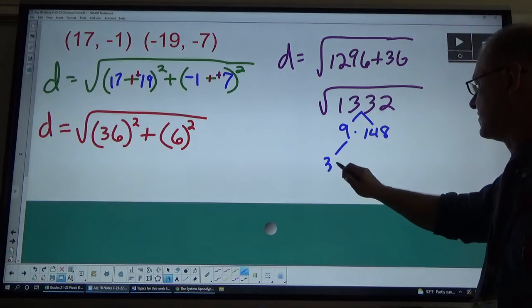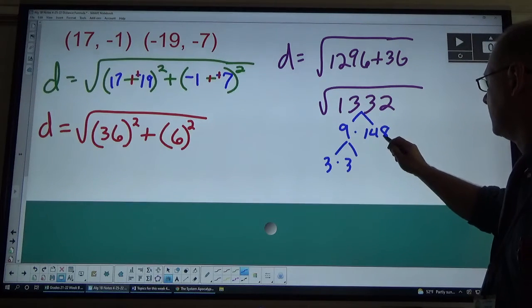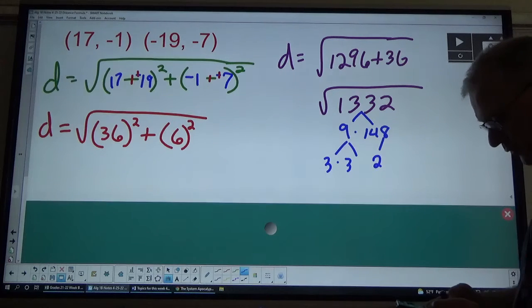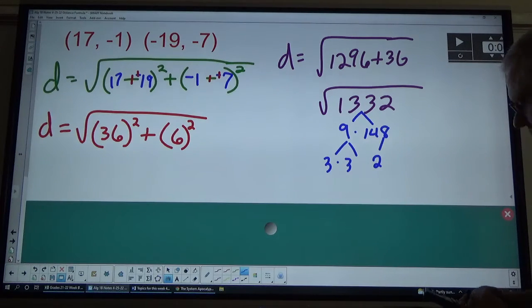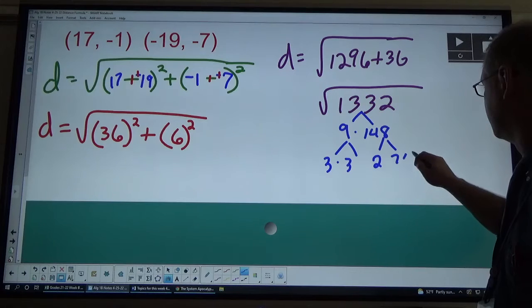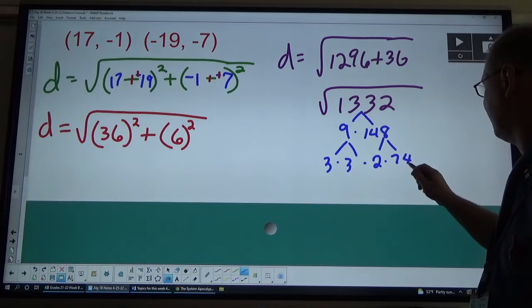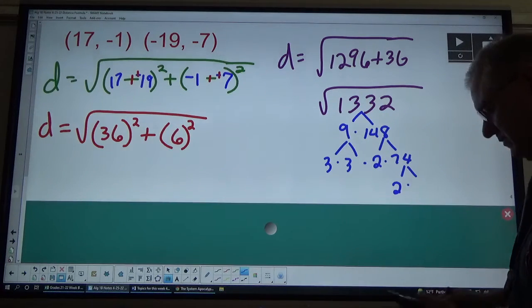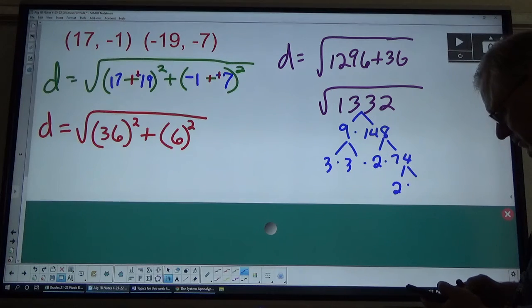Now, 9 is 3 times 3. I know 2 will go into 148, 74 times. Well, 74 is 2 times 37.